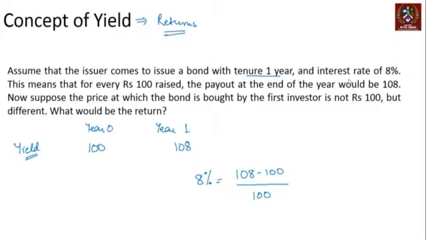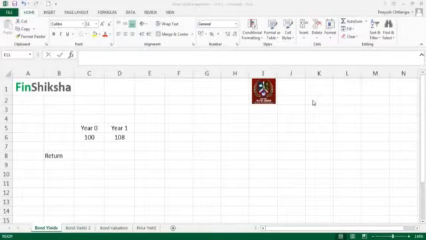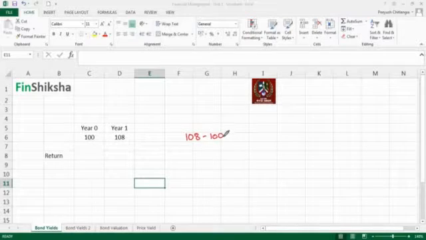So let's try and use an Excel file and understand this there. This is the example we are looking at, and what we are saying is that the return, if we calculate here based on the formula, was 108 minus 100 divided by 100. That's the return, correct?